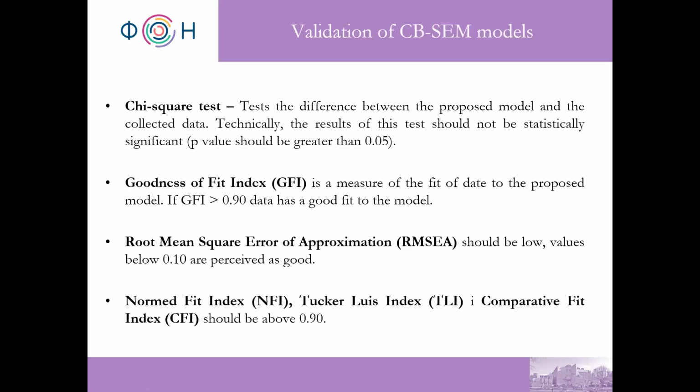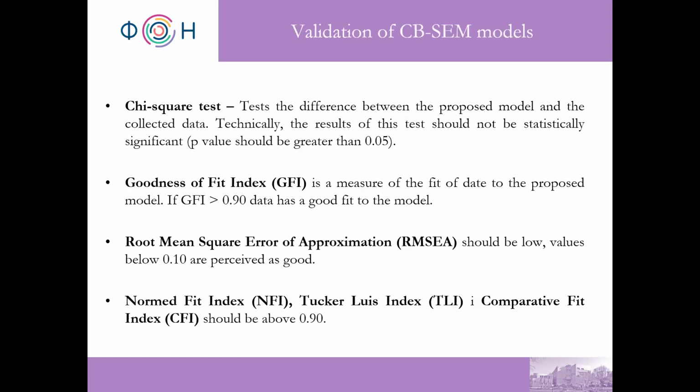So all of these indices are observing the difference between your data and your model, and they're just observing those discrepancies from different angles and perspectives. So for them, it's just important to know the threshold, how to comment on the obtained values of the indices.